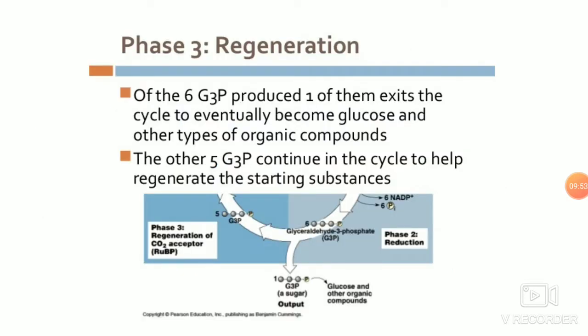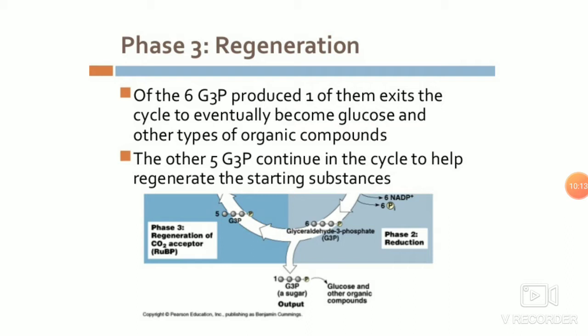Phase 3 is a regeneration phase. In this phase, of the six glyceraldehyde 3-phosphate produced, one of them exits the pathway to become glucose and other types of organic compounds.